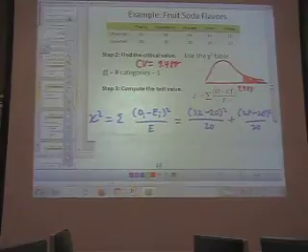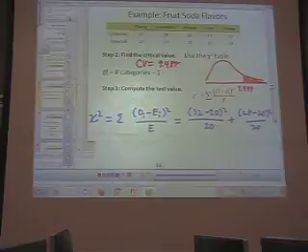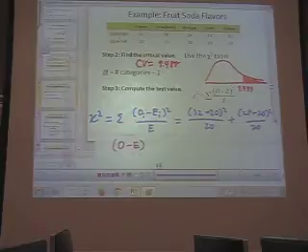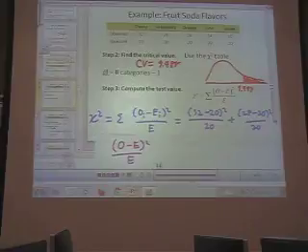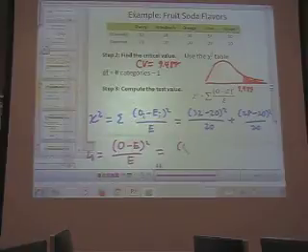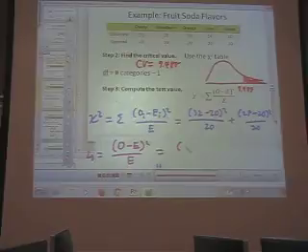So I need O minus E squared over E. I need that in list 3. So how do I do O minus E squared? Where are my O's?